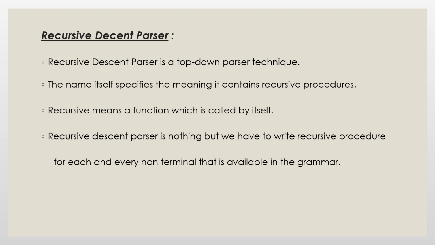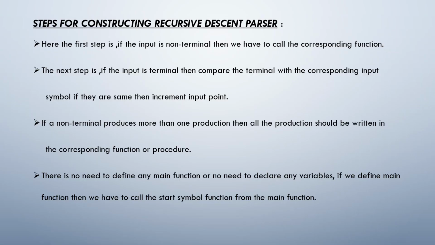And a recursive descent parser is a top-down parser technique, where we write recursive procedures for each and every non-terminal available in the grammar. Now let us discuss the steps for constructing a recursive descent parser.